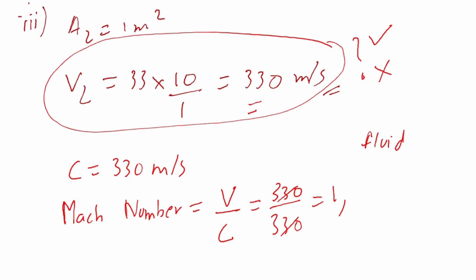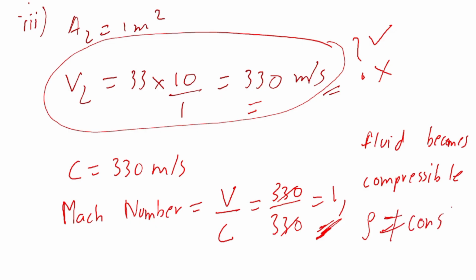The fluid behaves like a compressible fluid, essentially meaning that if you reach close to Mach number 1, your density is no longer constant.